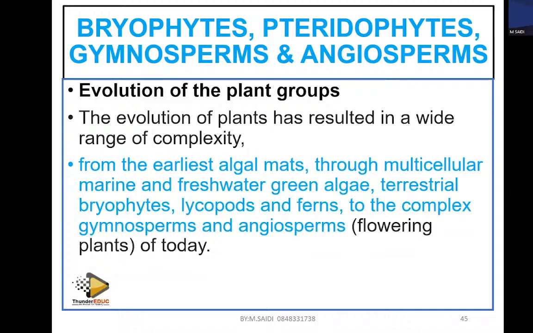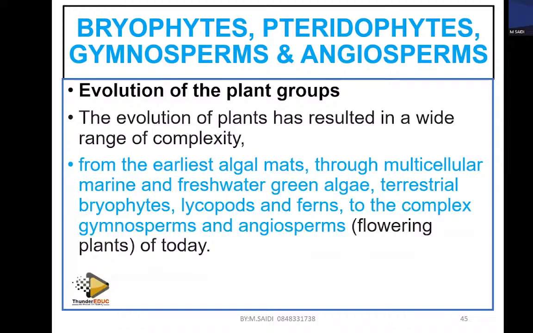So these algae were green in color, and plants developed from this green algae. Algae is not really classified as a plant. When you check in the classification, algae does not belong to plants.